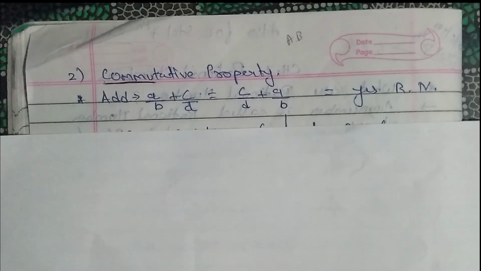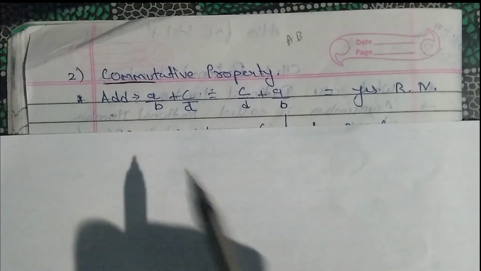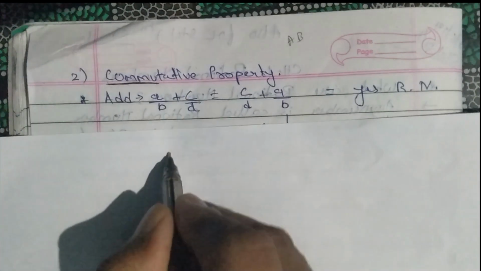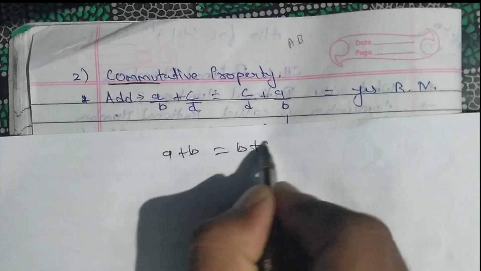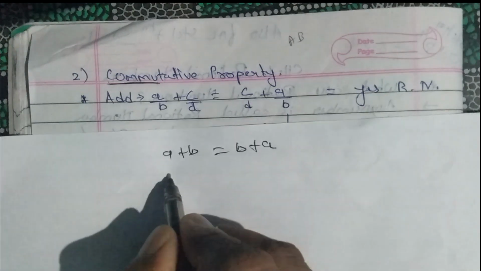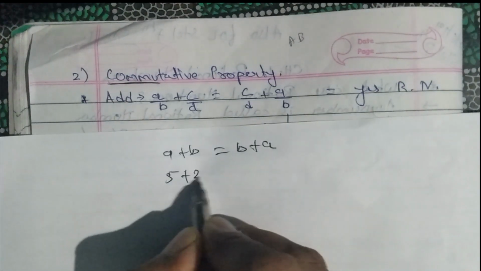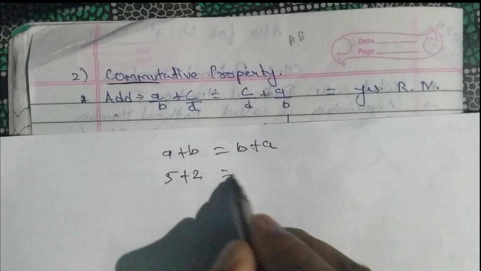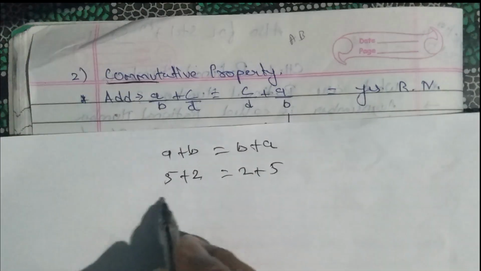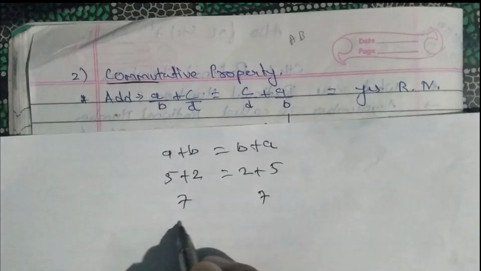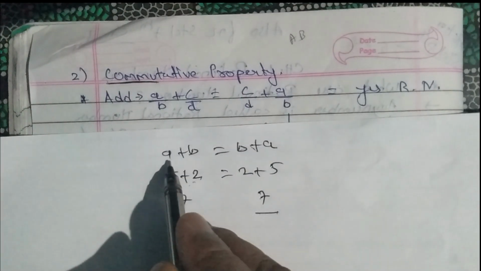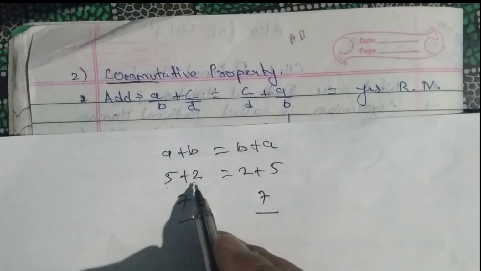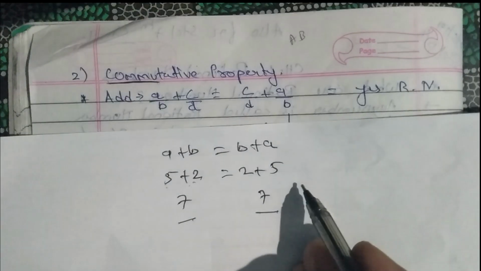For addition, the rule is A plus B equals B plus A. Suppose I take A as 5 and B as 2, so 5 plus 2 equals 2 plus 5. Both answers are the same. We are interchanging the positions of the numbers. This is called the commutative property.